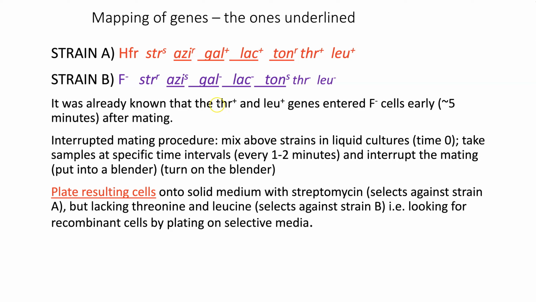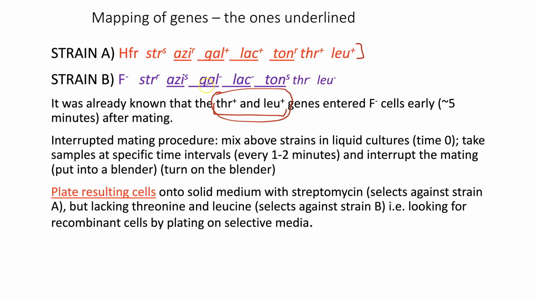And so it was already known, so this is information that was obtained previous to this mapping experiment using interrupted mating, that threonine and leucine genes had entered early from this particular strain.